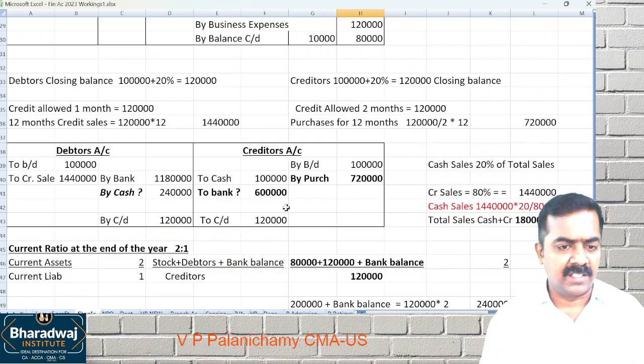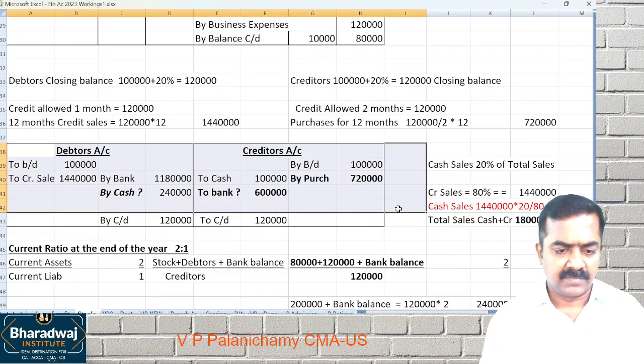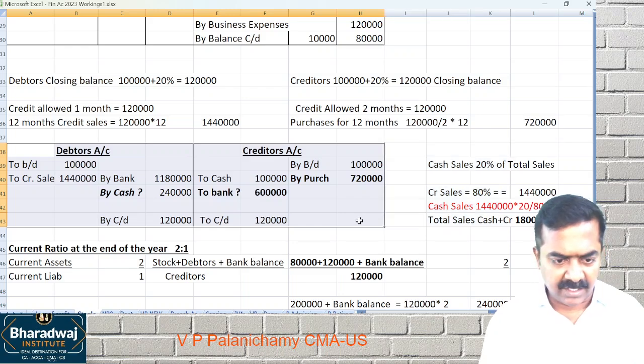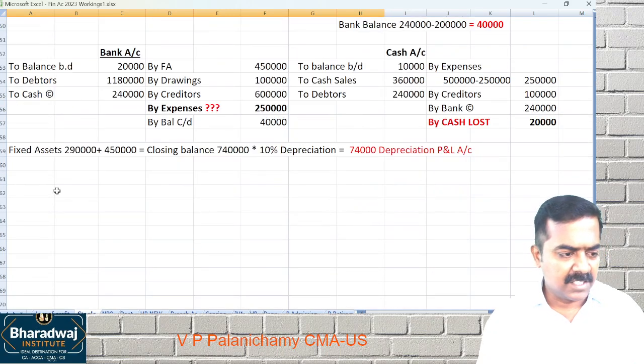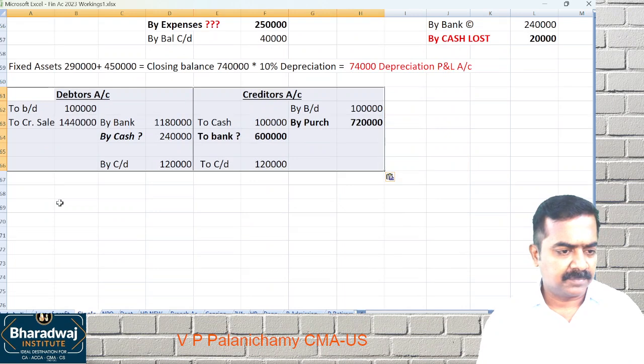So first எடுத்தோட நீங்க எதுல ஸ்டார்ட் பண்ணுவீங்க? Debtors account, creditors account and which account? Bills payable. Start.